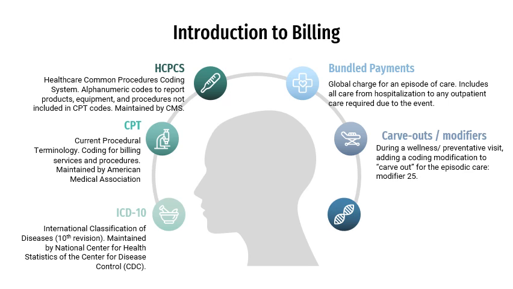In the cases of these patients, you are going to create a carve out using a modifier, in this case a modifier 25, which adds on an episodic visit, or an E&M visit, evaluation and management visit, to the wellness or preventative visit.